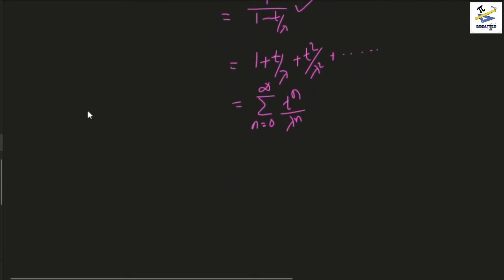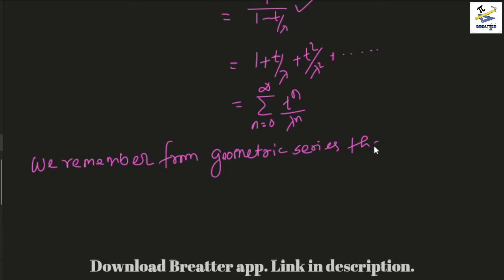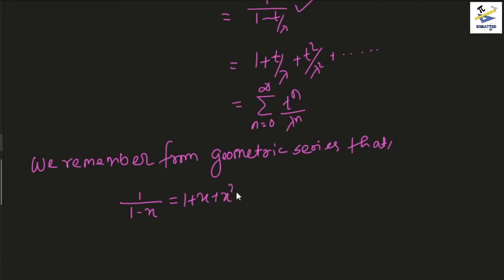If you remember from the geometric series, 1 over 1 minus x is equal to 1 plus x plus x squared and all the way up to infinity, which is the sum for n equals 0 to infinity of x to the power n, only when mod x is less than 1.